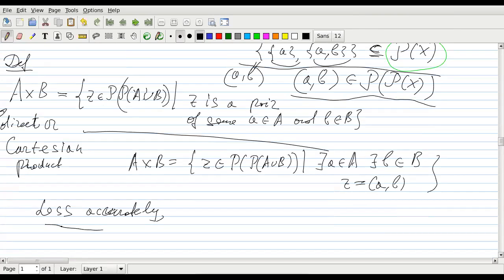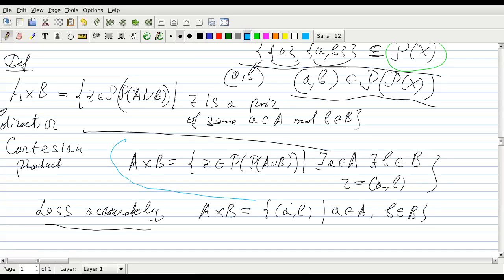Less accurately, I may write it the following way. The product is just the set of such pairs. But it is less accurate. More precisely, this set is defined this way. By the way, this set indeed exists. Why? Because it is constructed according to our principles.